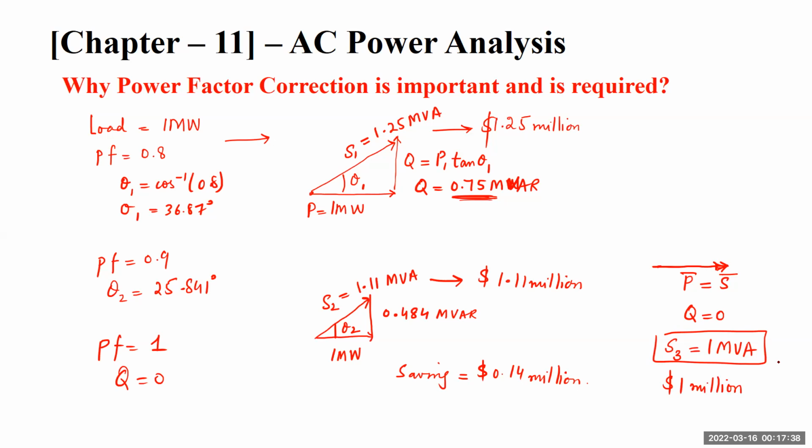So for a purely resistive load, in a practical system purely resistive loads are not possible, but yes, 0.9 or 0.95 power factors are easily achieved and can be achieved generally with big induction motors and big pumps.